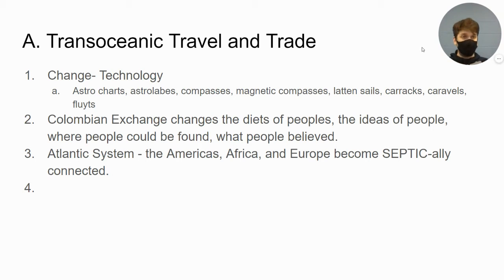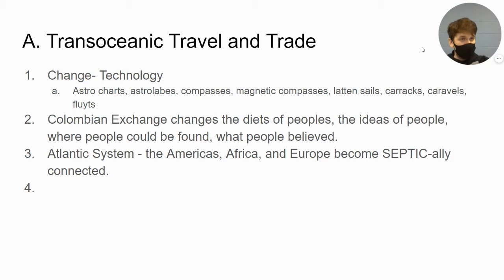You have the movement of people from Africa to America, and the death of Americans as a result of Afro-Eurasian diseases, and the spread of European livestock like cattle, horses, and sheep to the Americas to fundamentally change the geography and flora and fauna of the Americas. So the Atlantic system fundamentally changes the society, economics, politics, technology, environment, and culture of Africa, America, and Europe.